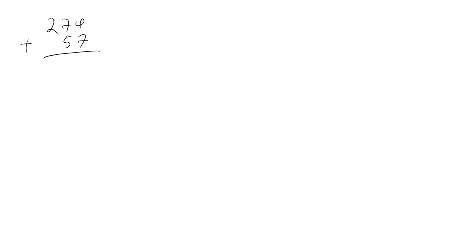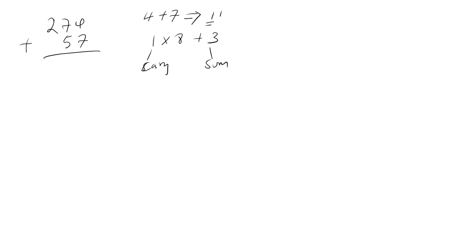So for example, 4 plus 7, we get 11, and the 11 can be written like 1 times 8 plus 3. So this becomes the carry, and this becomes the sum.